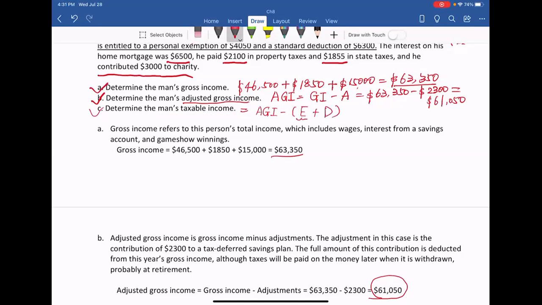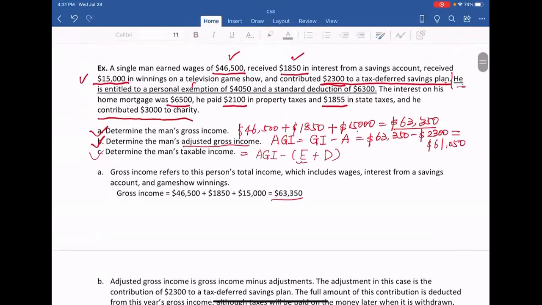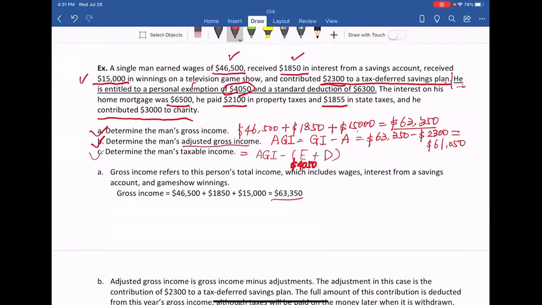The exemption they gave us from the question is this amount. So I plug it in: 4050 plus the deduction.